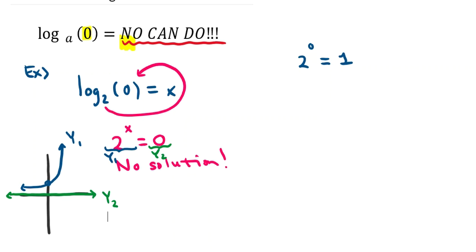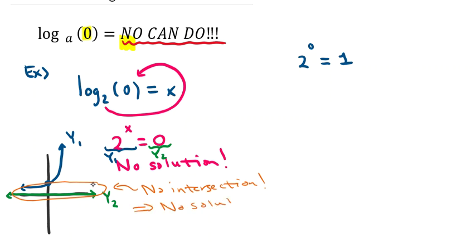So therefore, there's never going to be a y value of 0 on the graph of 2 to the x, meaning that there's no x value that would give us a y value of 0. In simple terms, right here, there's no intersection, and that would imply no solution.